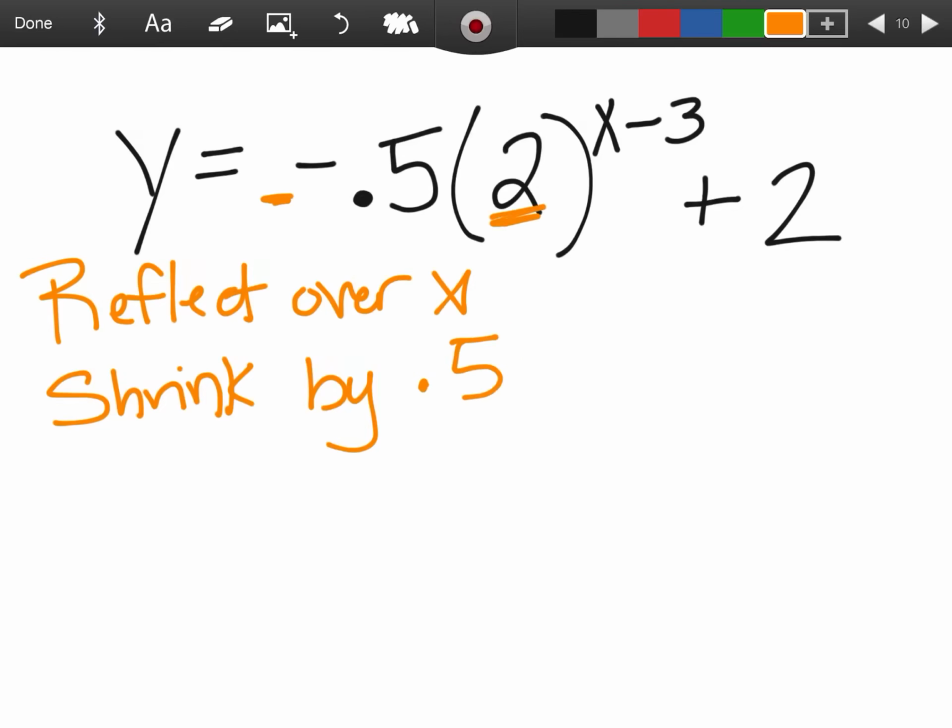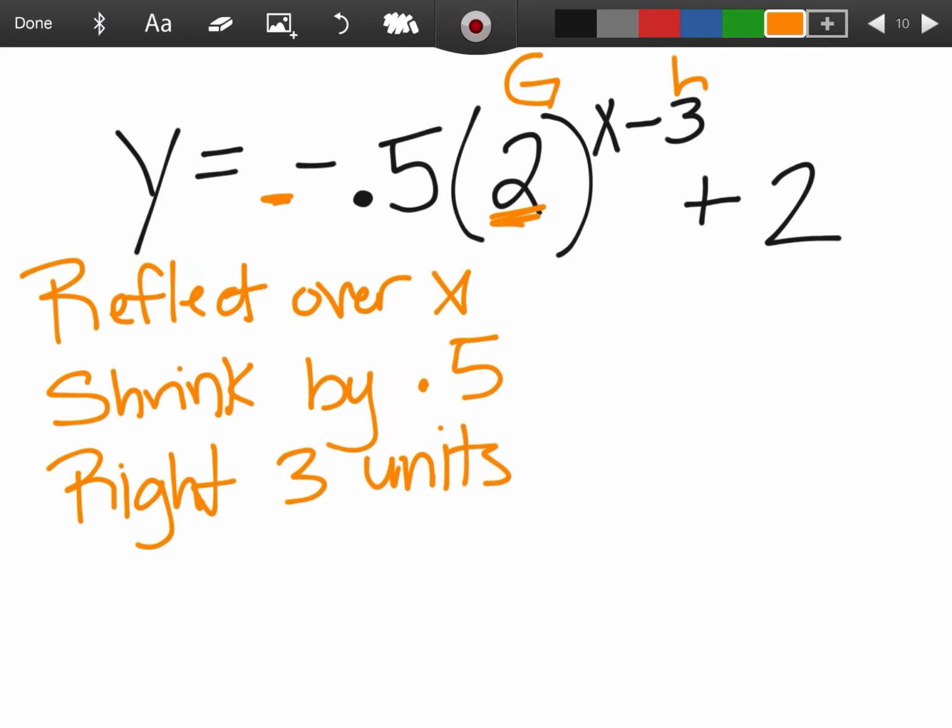The base here just tells us it's growth. We don't need to really write that in the transformation. All right, H is minus 3. So that's opposite H. So that's right 3 units. And then K is plus 2. So that's up 2 units.